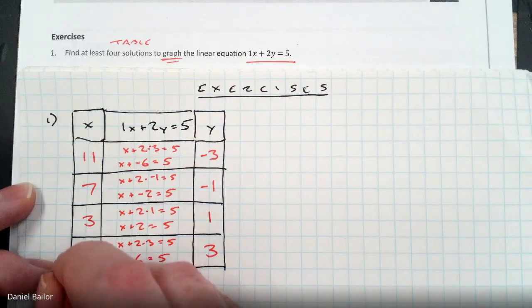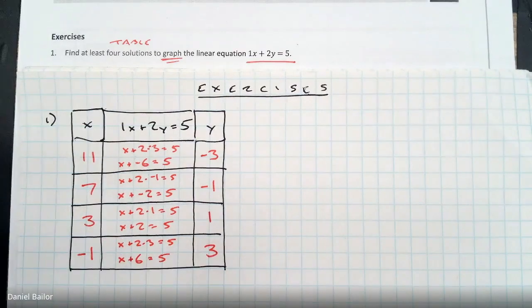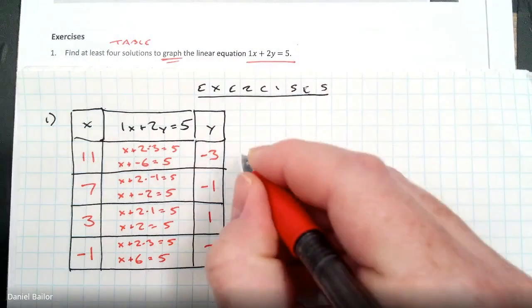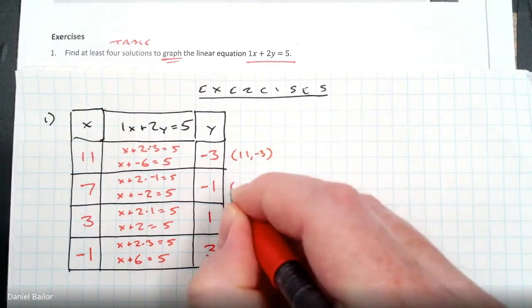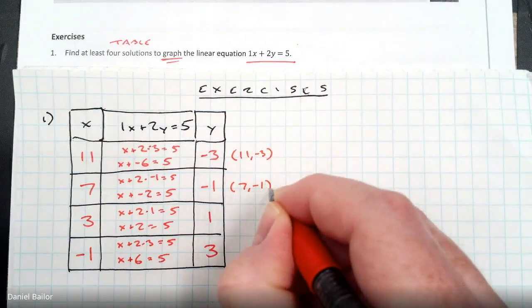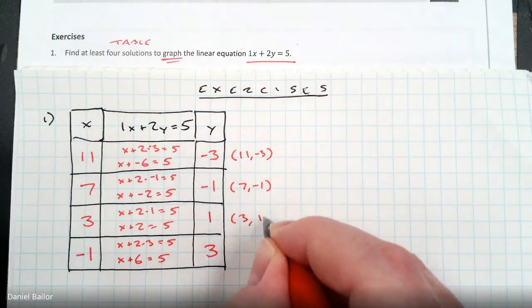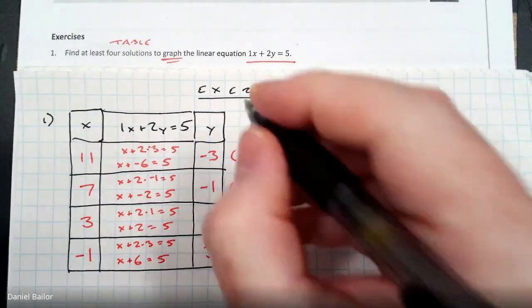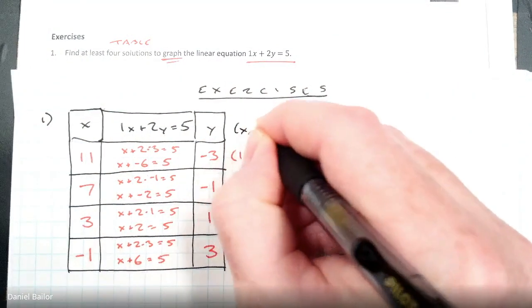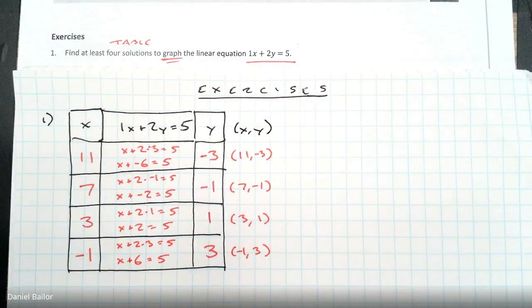It's going to be -1 plus 6 makes 5. So now we have coordinates, 11 and -3, 7 and -1, 3 and 1, -1 and 3. Because remember, our coordinates need to go in the order x, comma, y. So I have my coordinates. Let's graph this.